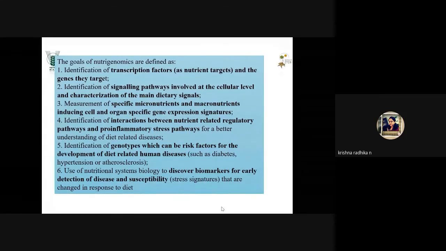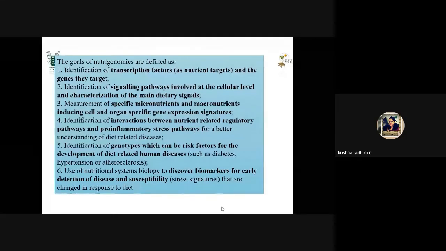identification of transcription factors as nutrient targets and the genes they target, identification of signaling pathways involved at the cellular level and characterization of the main dietary signals, measurement of specific micronutrients and macronutrients inducing cell and organ-specific expression signatures, identification of interaction between nutrient-related regulatory pathways and pro-inflammatory stress pathways for a better understanding of diet-related diseases, identification of genotypes which can be risk factors for the development of diet-related human diseases such as diabetes, hypertension, or atherosclerosis.